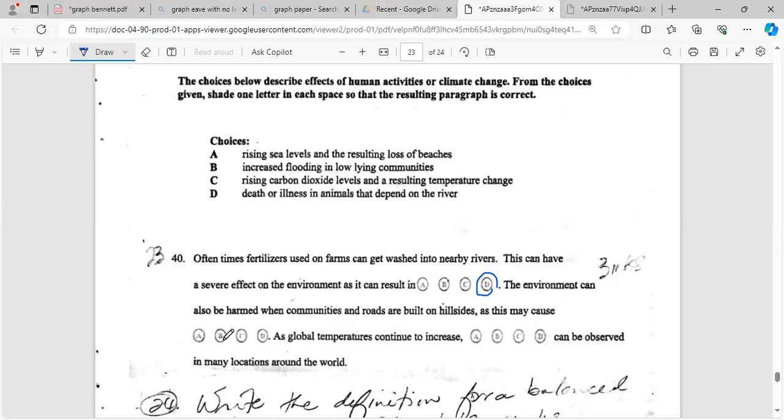So that's B. As the global temperature continues to increase, rising sea level and resulting loss of beaches. So that would be A. Alright, so that would be it, guys.